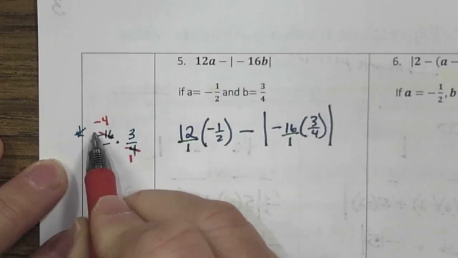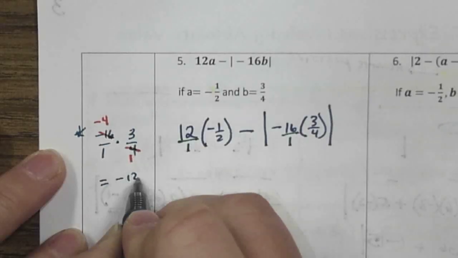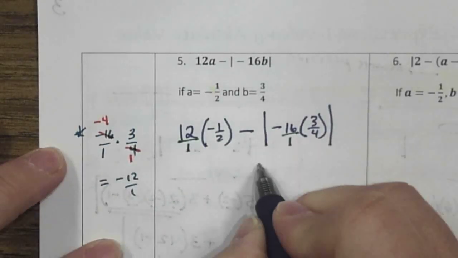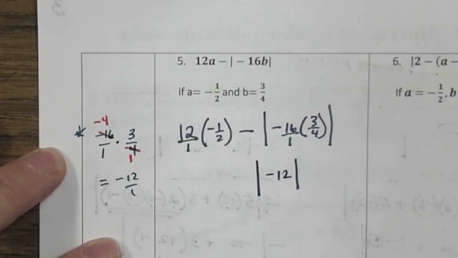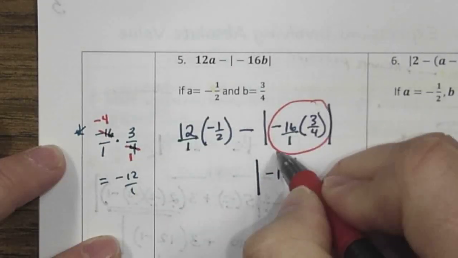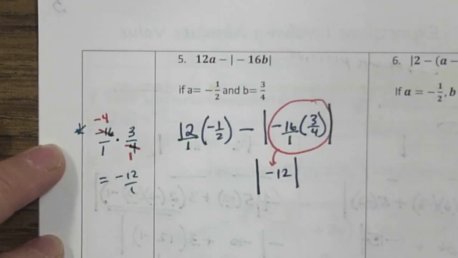So we can cancel like that and then multiply straight across, and you get negative 12 over 1. So this inside here is just negative 12. All of this right here is just negative 12.